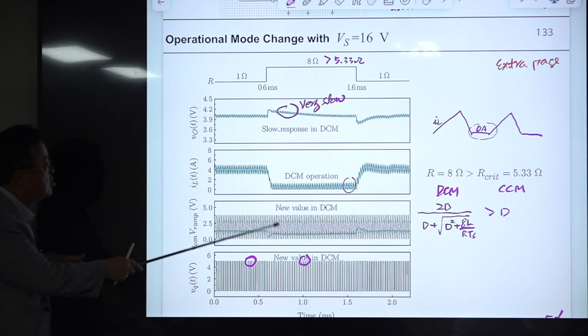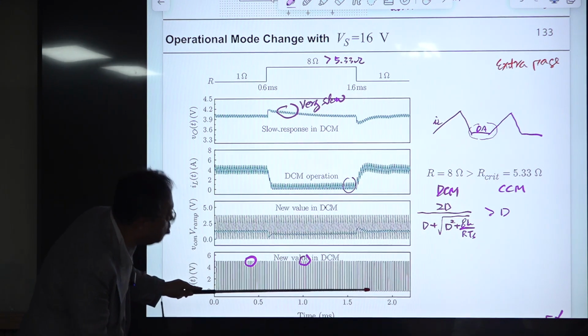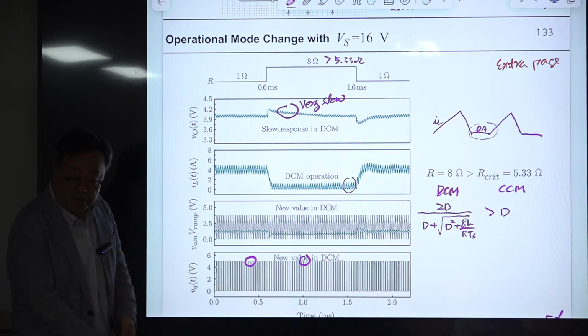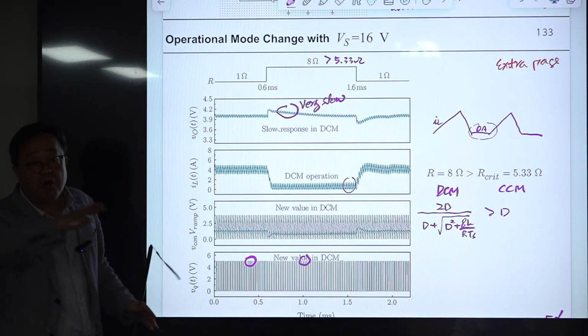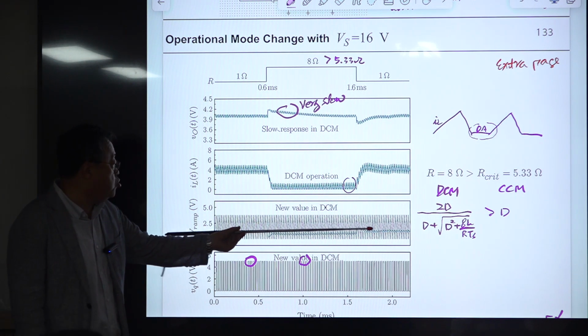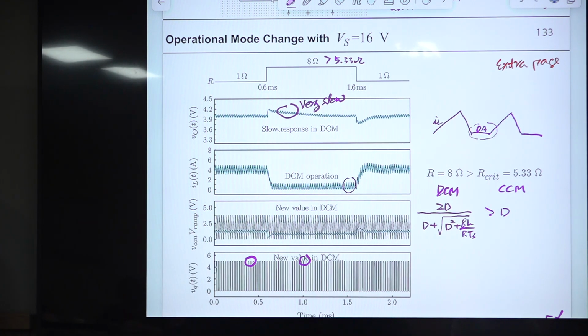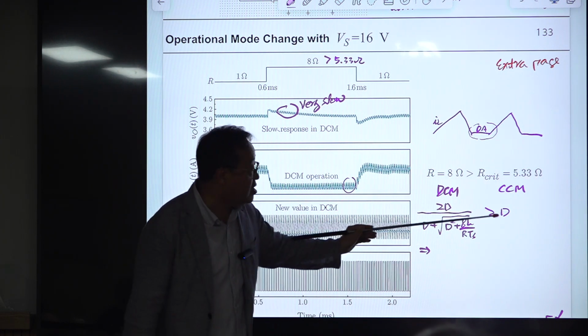So the controller reduces this voltage to have a smaller duty ratio. This is the proper way of regulating. If the converter goes to DCM while the output voltage is regulated, the duty ratio will be reduced, or the control voltage will be reduced, because of the difference in gain formula: for the same D, this is larger than this.